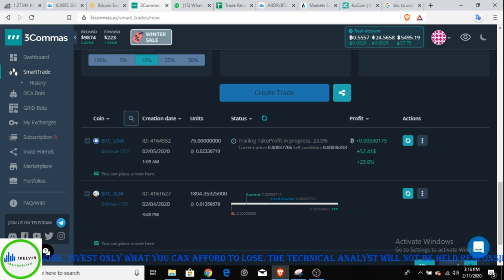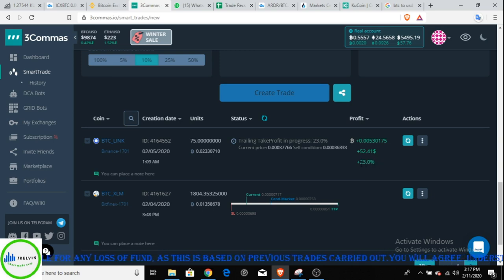So what really happened here is that when it is now at 23%, if you remove 5 from 23, take note, I'm using -5 trailing take profit, I'll be left with only 18. So if this goes down to 18%, it will close the trade, removing 5% trailing take profit.